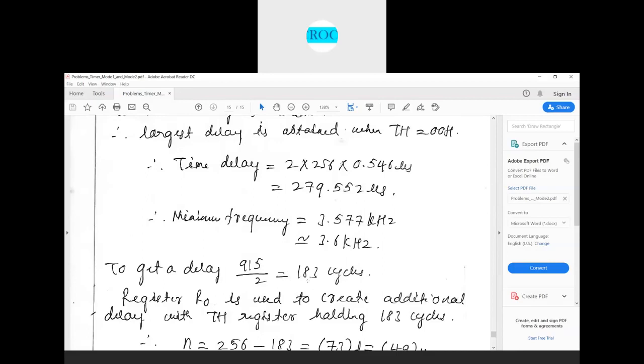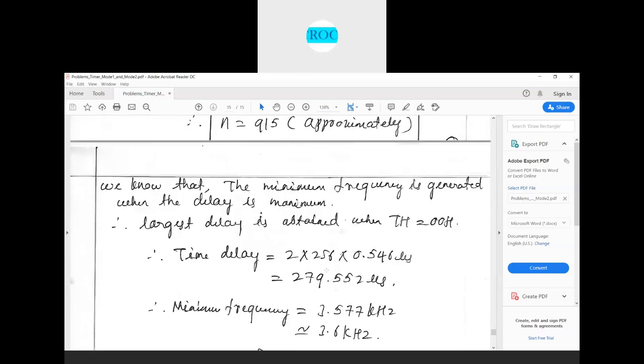So 183, and now I make sure that this count is executed 5 times. If I do 183 into 5, how many clock pulses can I get? 915. The delay we get because of this clock count of 915 will be sufficient to generate a frequency of 1 kilohertz.